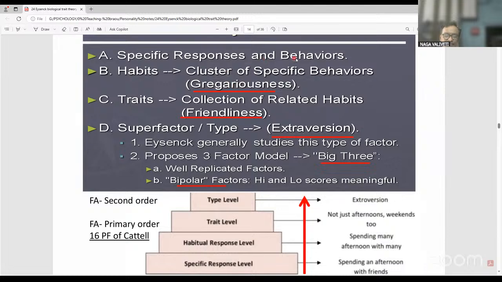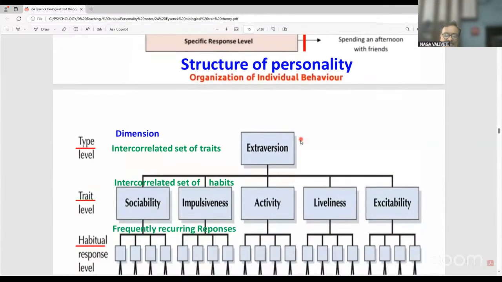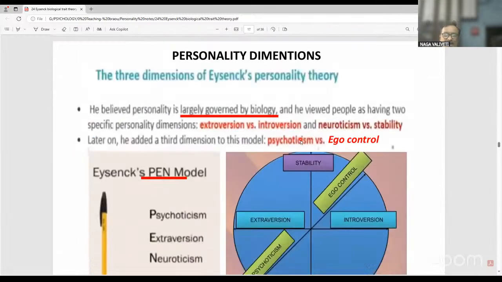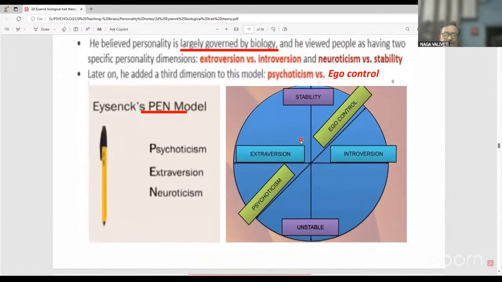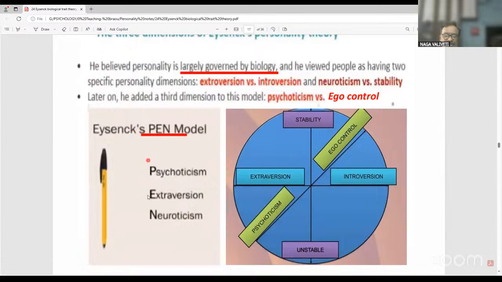Here, meeting people, aggregation, friendliness, and extraversion you had given. This is the hierarchy. And then he combined the PEN model; he had developed three factors. He derived from the factor analysis: psychoticism, extraversion-introversion, and neuroticism. The opposite of psychoticism is ego control, and the opposite of neuroticism is stable mind.